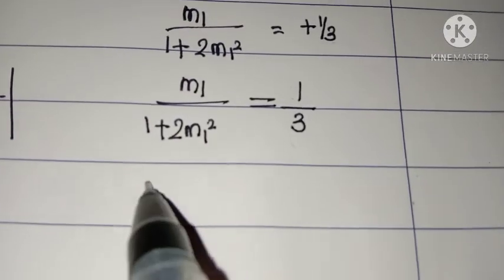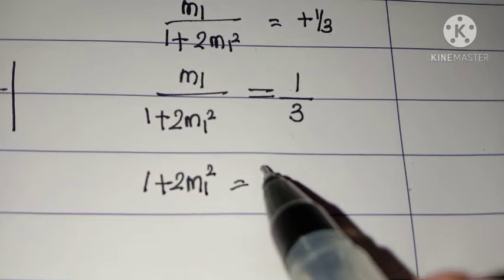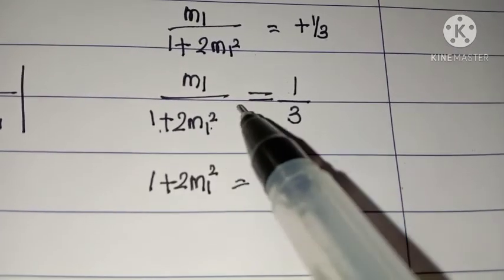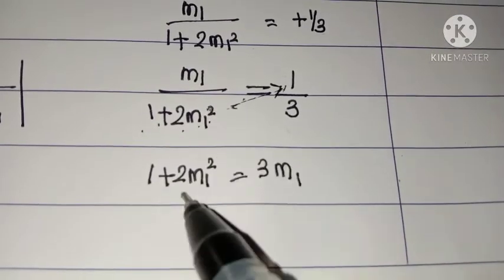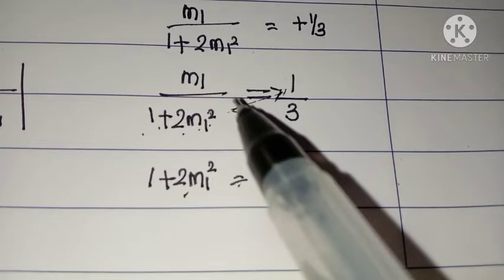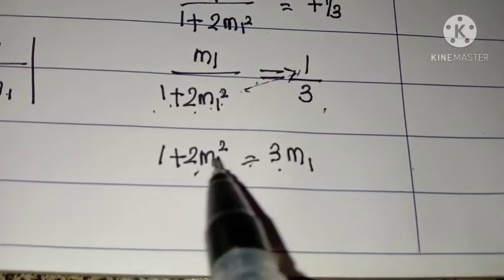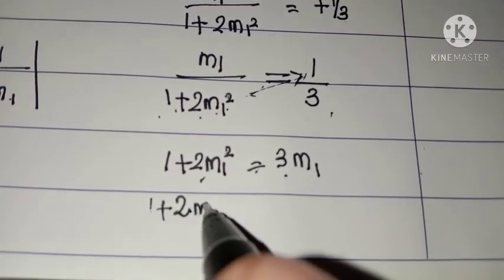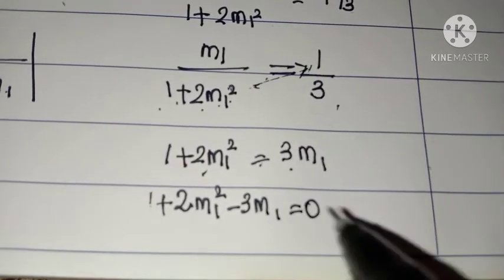We get 1 plus 2 m1 square is equal to 3m1. Now take this 3m1 to the left side. So this becomes 2m1 square minus 3m1 plus 1 equal to 0.